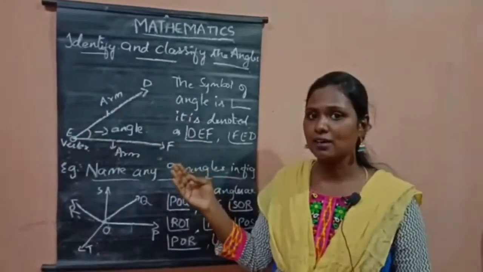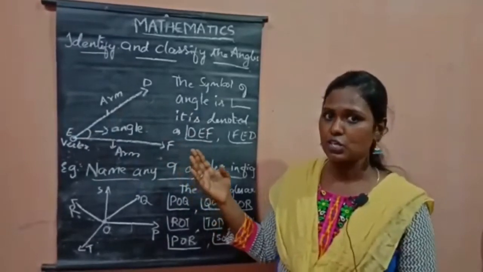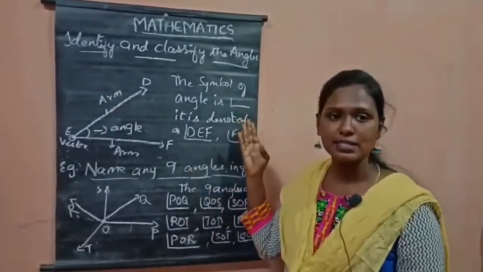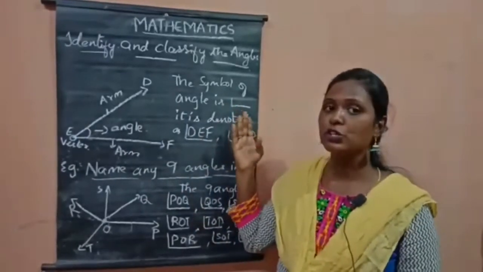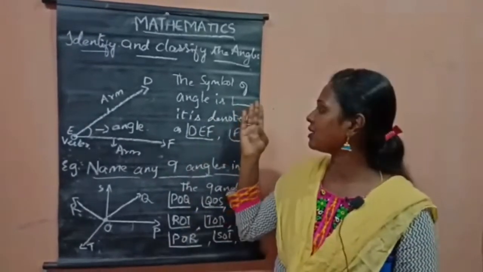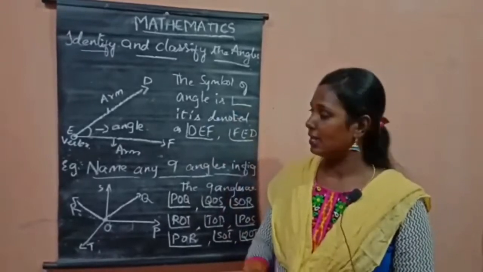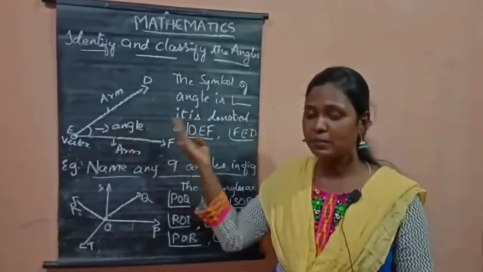Let us see the symbol of an angle. This is the symbol of an angle. Whenever you see this, you are going to say that it is an angle. Let us see the angle formed in the figure.